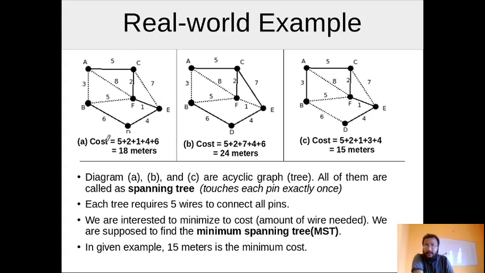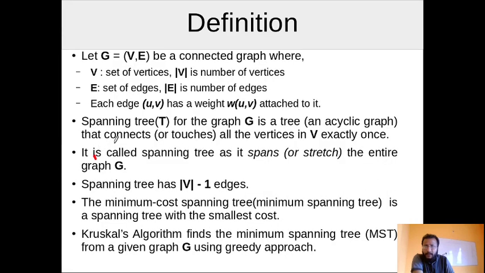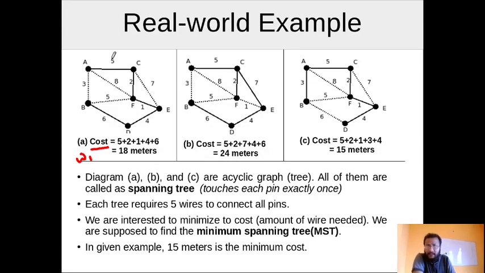So in this case, the total cost of the wire in terms of length, in terms of meters, is 5 plus 2 plus 1 plus 4 plus 6, this is 18 meters. If I choose this setup, I will be needing 18 meters of wire.